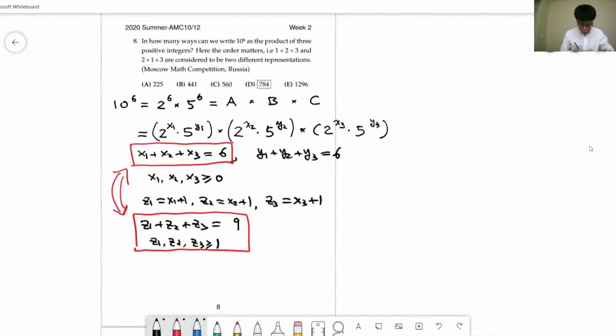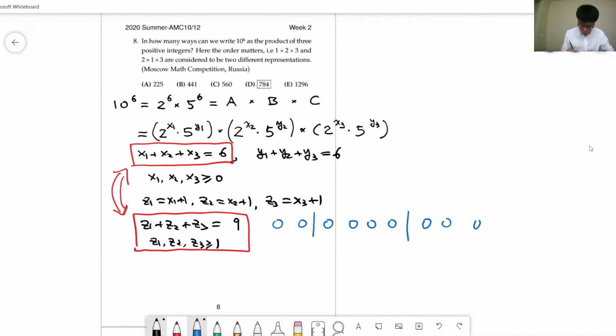So this is equivalent to the following question. We have a total of 9, so we draw 9 balls and divide them into three groups. We have 8 gaps, and we want to insert separators to divide this into 3 groups. So I just choose two positions, and I can separate this into 3 groups.